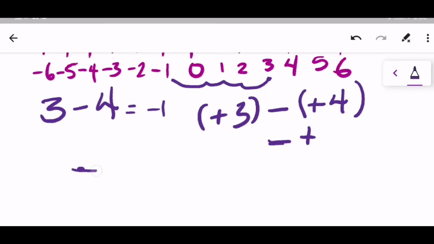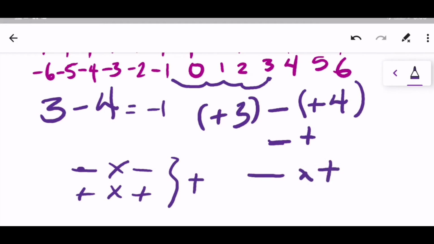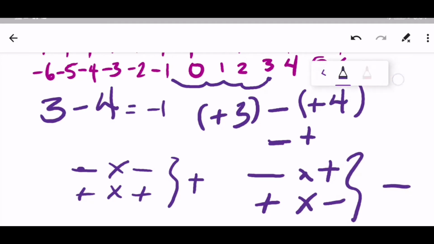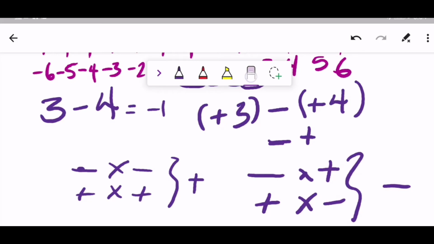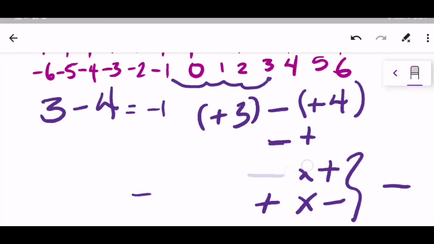Once the signs are the same, your result will be positive. If the signs are different, your result will be negative. And remember, this works for division as well. So the same principle applies here.